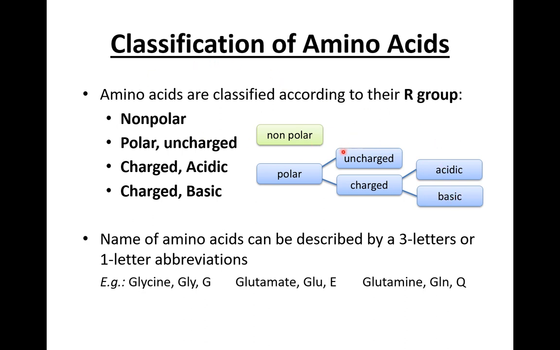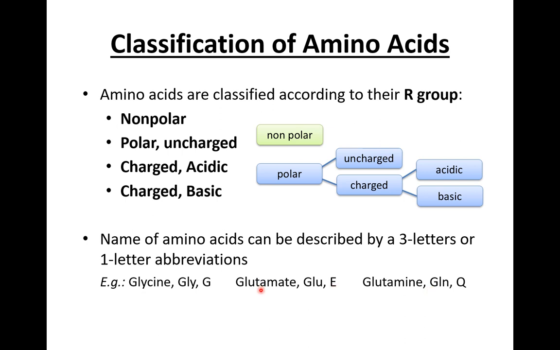Now, when we talk about amino acids, they can all be referred to with their full name or sometimes with a 3-letter or 1-letter abbreviation. When it comes to the 3-letter, usually it's the first 3 letters unless these 3 letters are already taken. For example, glutamic acid, or glutamate, has the 3-letter GLU. However, glutamine would have GLU as well, but since the 3 letters are already taken, the 3rd letter is replaced with another letter.